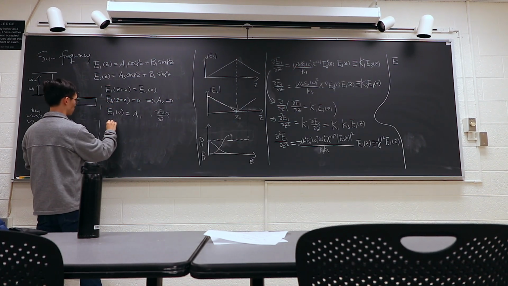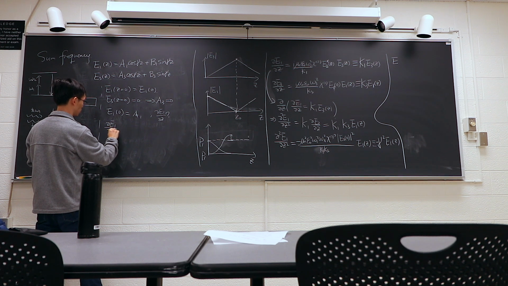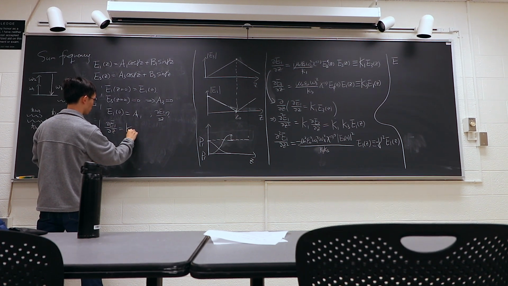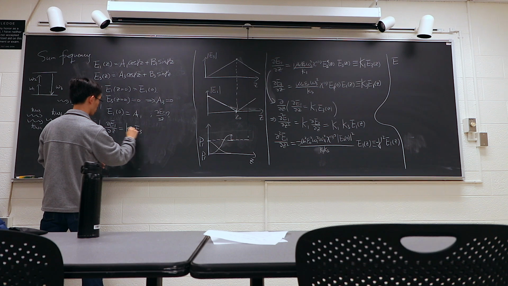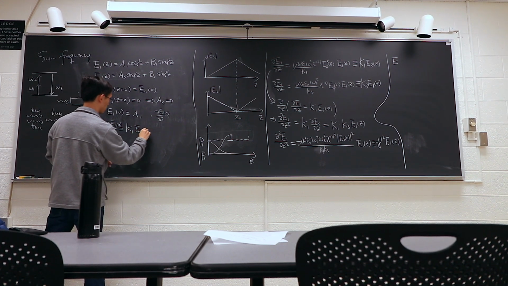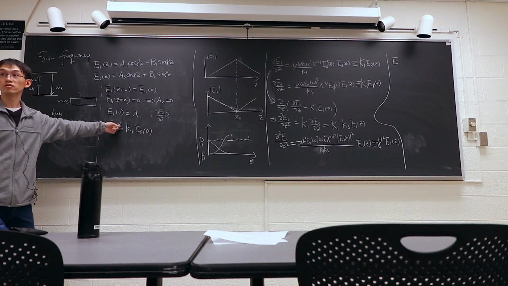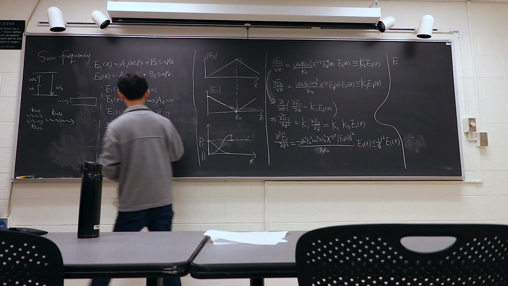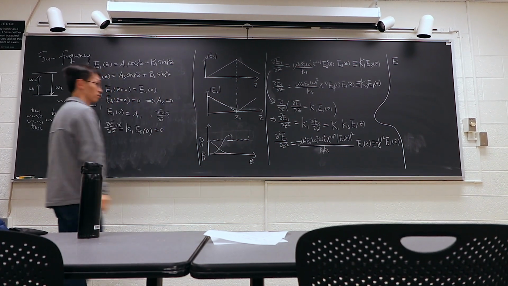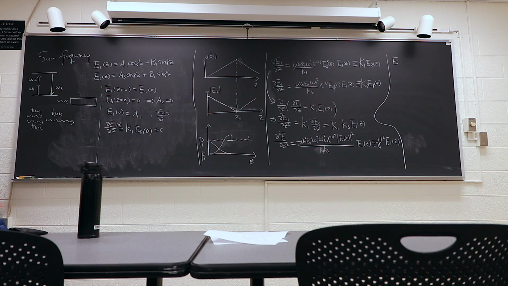We know partial E1 equals K1 E3. So at Z equals 0, this one is 0, right?